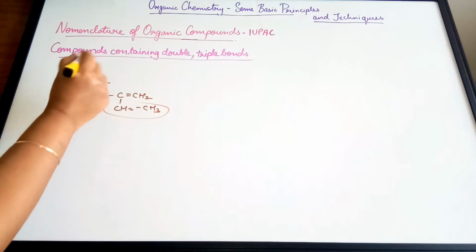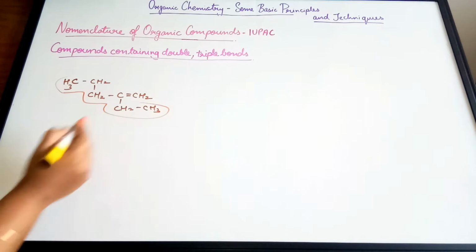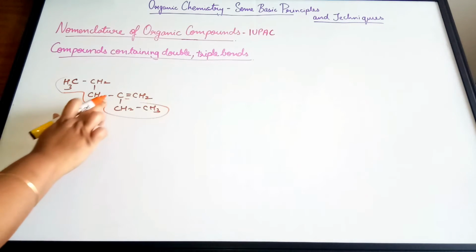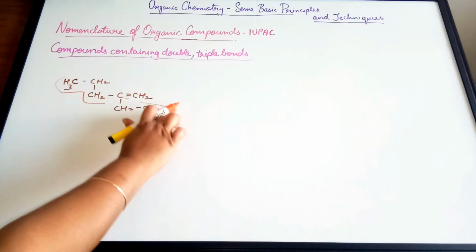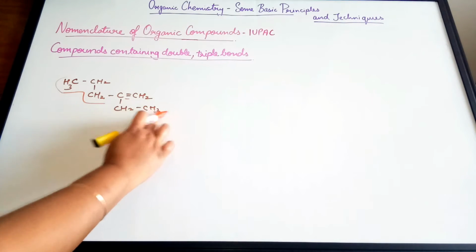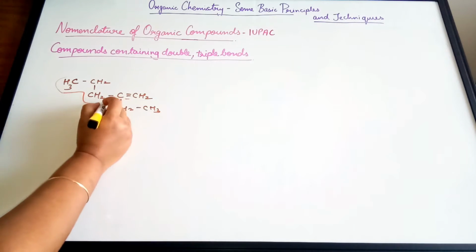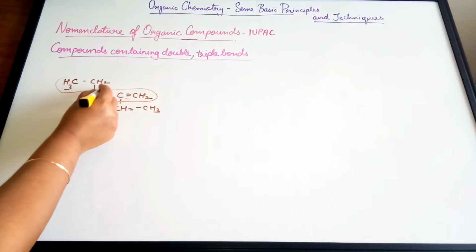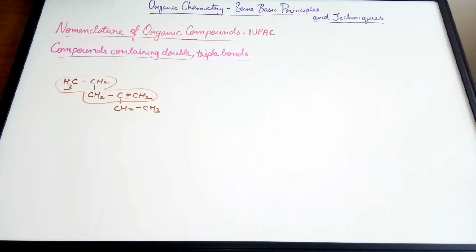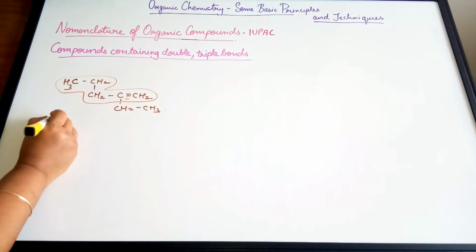But because it has a double bond, the double bond should be a part of the main chain. Irrespective of how long it is, we make sure that the double bond is in the main chain. So because of that, this will be the main chain. So this has 5 carbon atoms.